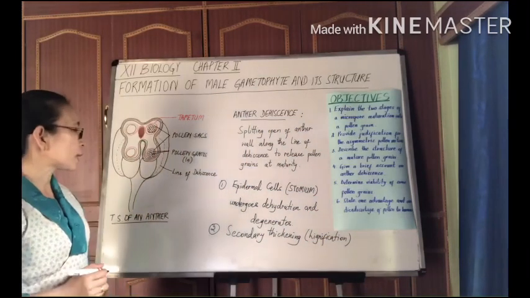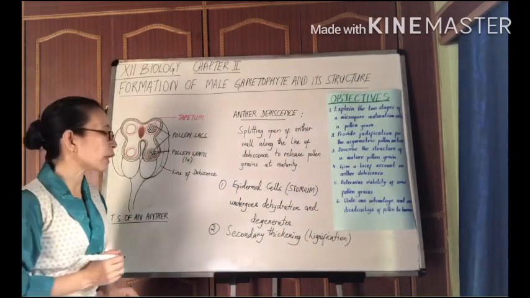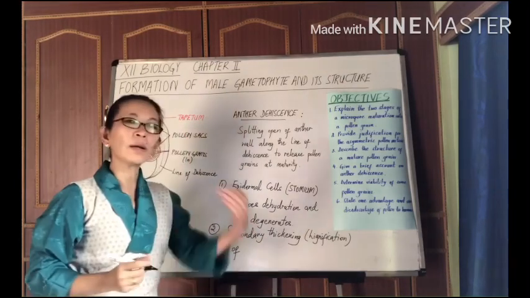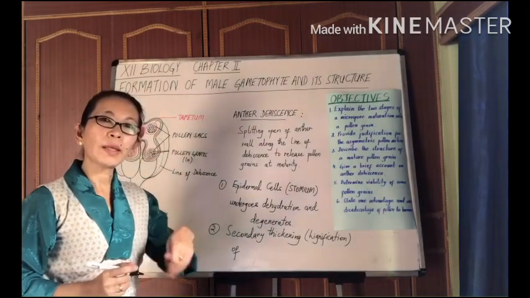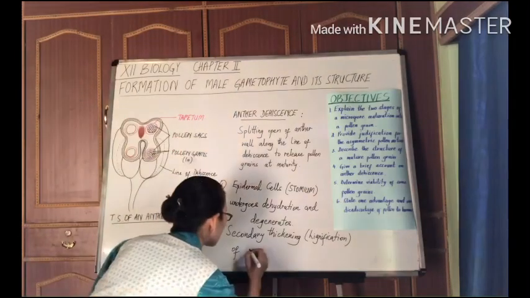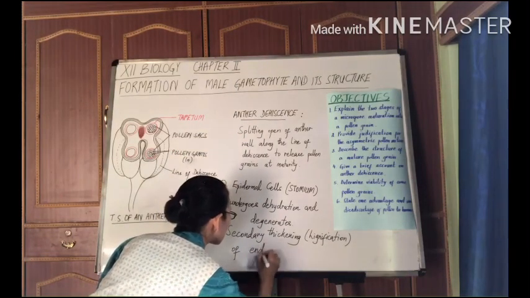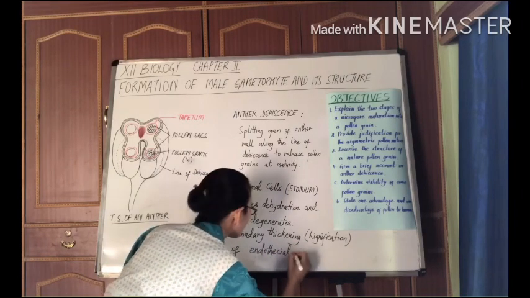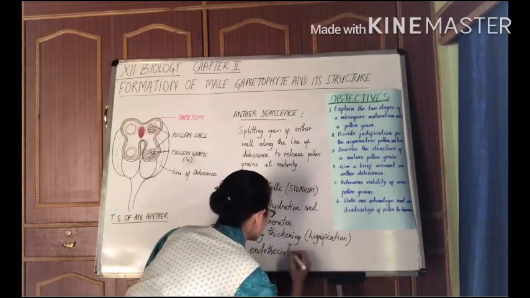All right. So secondary thickening or lignification of which layer? The layer beneath the epidermis, which is the endothecium. So we have secondary thickening of the endothecial layer.